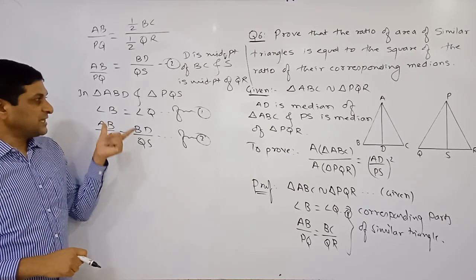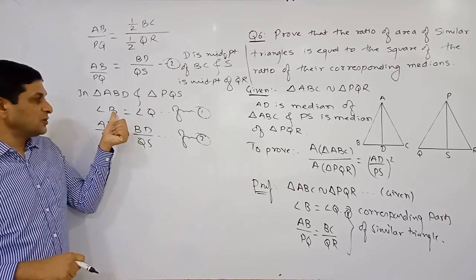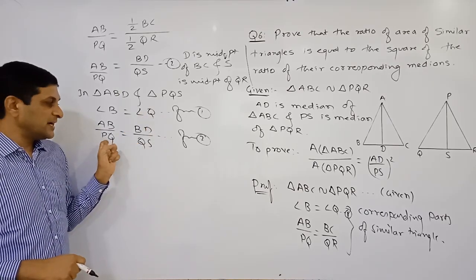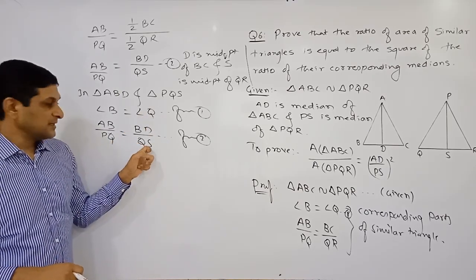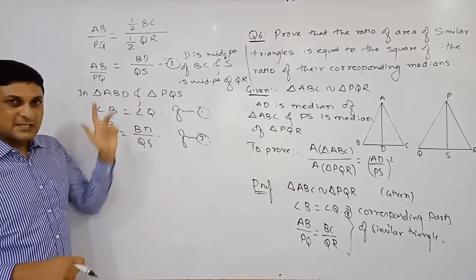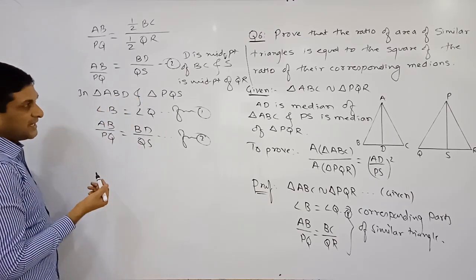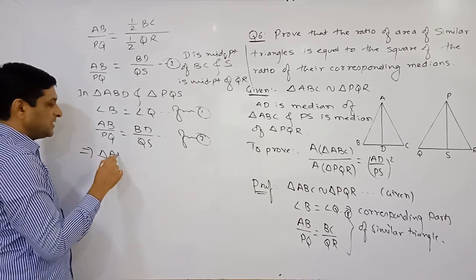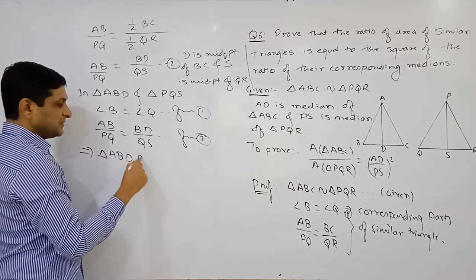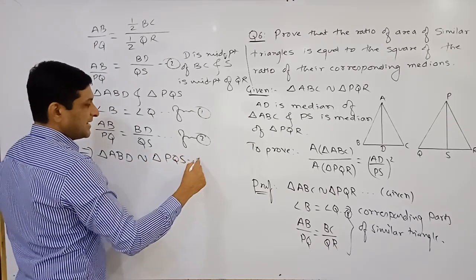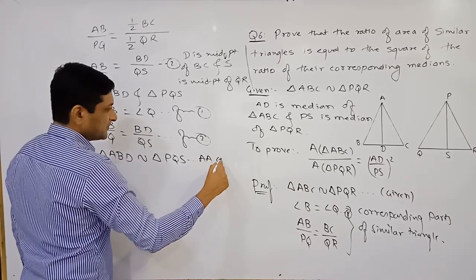By observation, angle B is included between sides AB and BD, and angle Q is included between PQ and QS. That's why we can say that these two triangles are similar by SAS criterion. So this implies that triangle ABD is similar to triangle PQS.